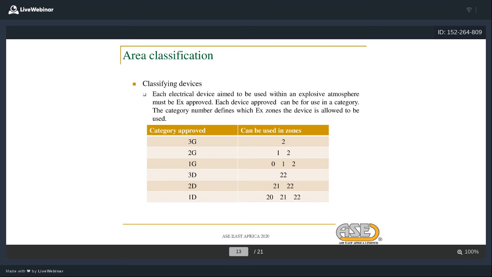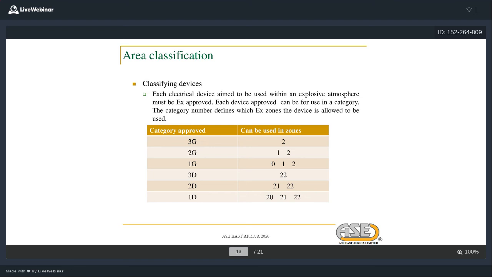So each electrical device aimed to be used within an explosive atmosphere must be EX approved. And each device approved can be for use in a category. So the category number tells us in which explosive zones the device is allowed to be used.